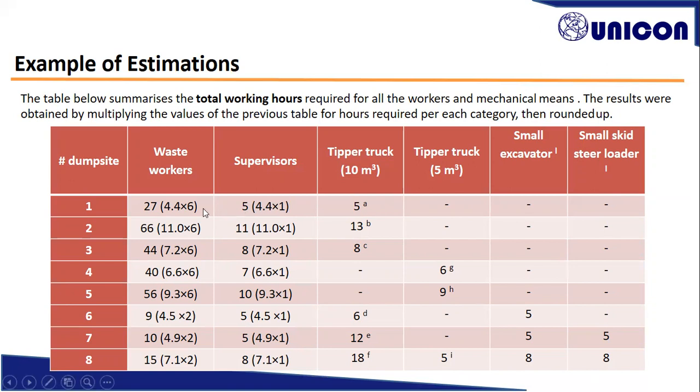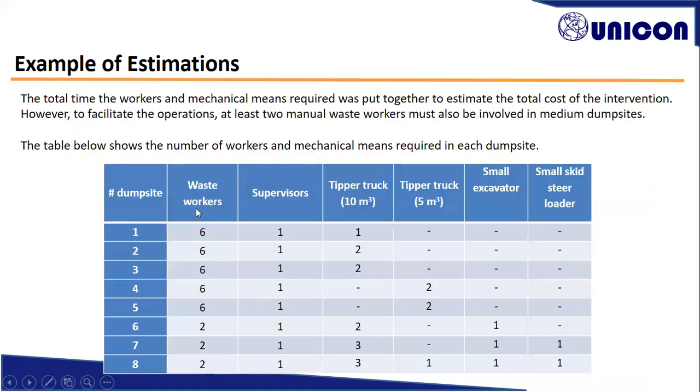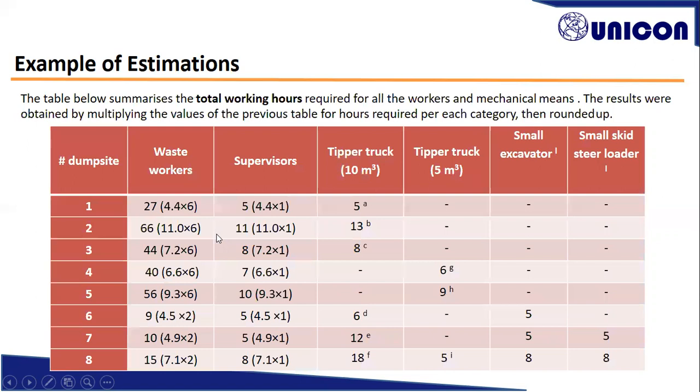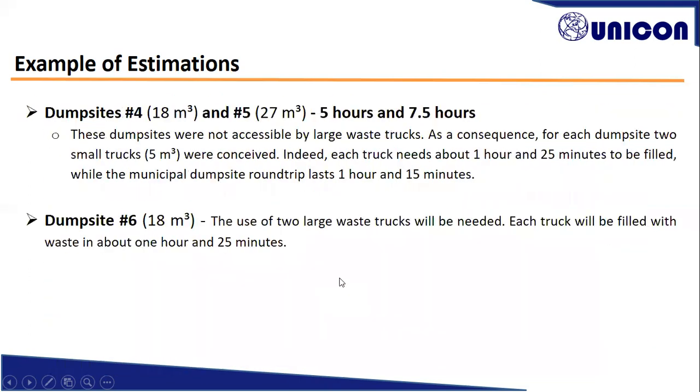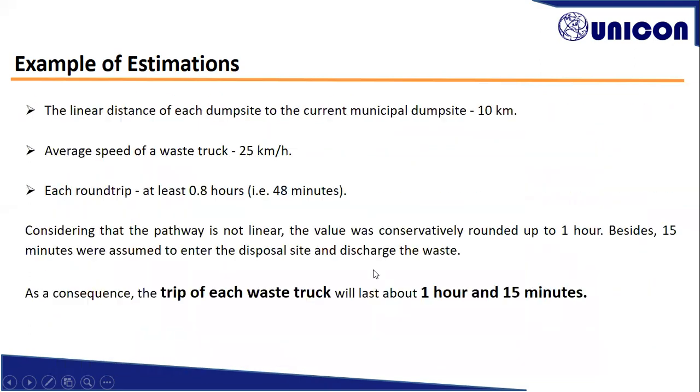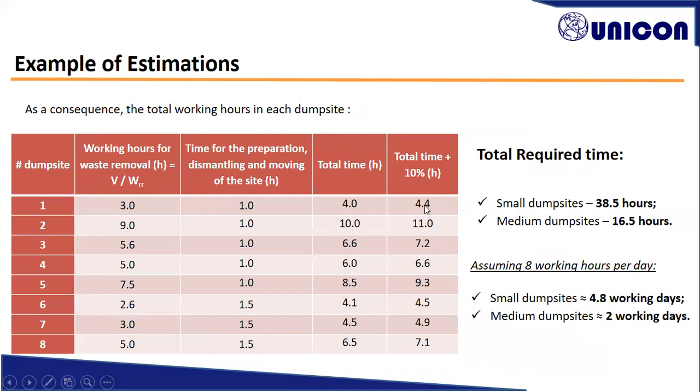This means that, for example, in dump site 1, you will need 6 waste workers, as shown below, but at the same time, the working hours are those obtained before in this table.